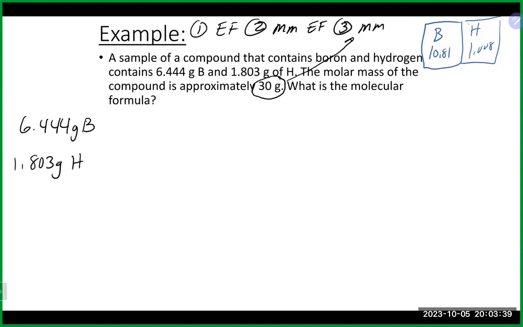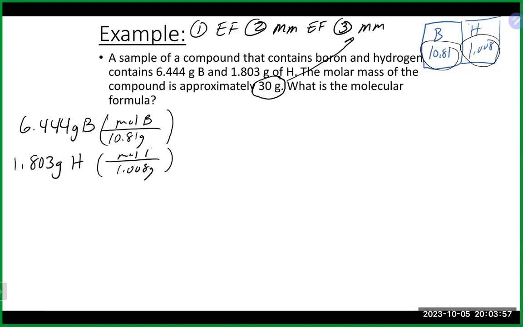Once they're in grams, we want to convert them to moles. So we'll use the molar mass from the periodic table to do that. For our boron, 10.81 grams per mole. For our hydrogen, it would be 1.008 grams per mole.